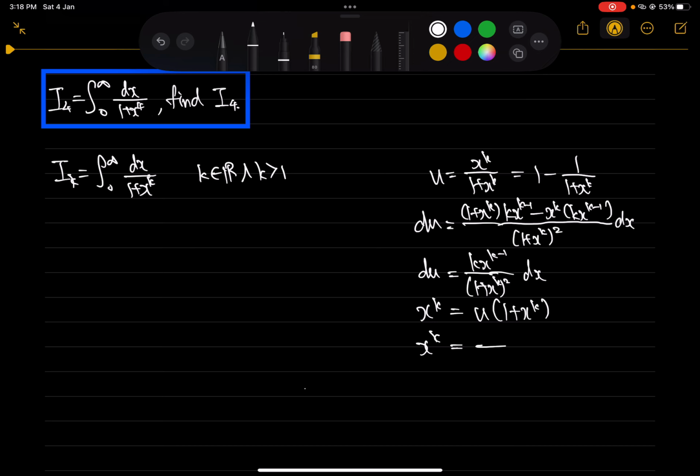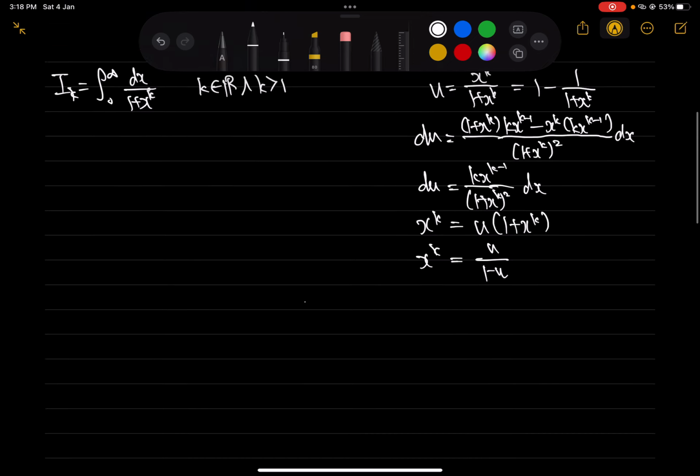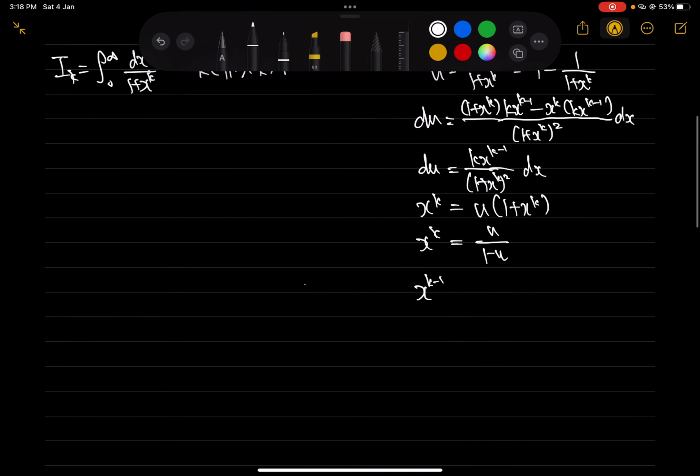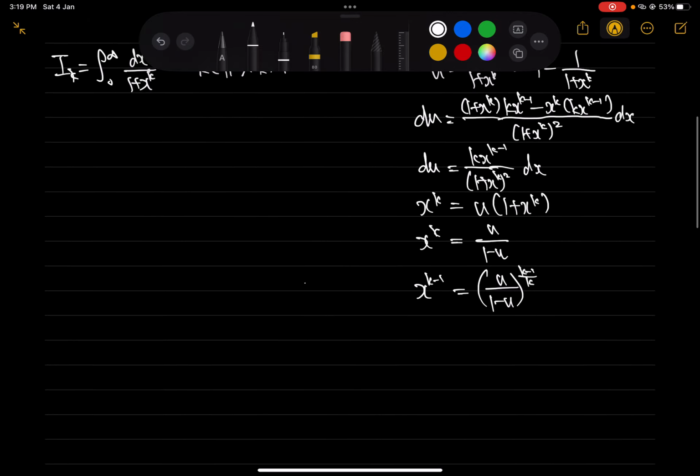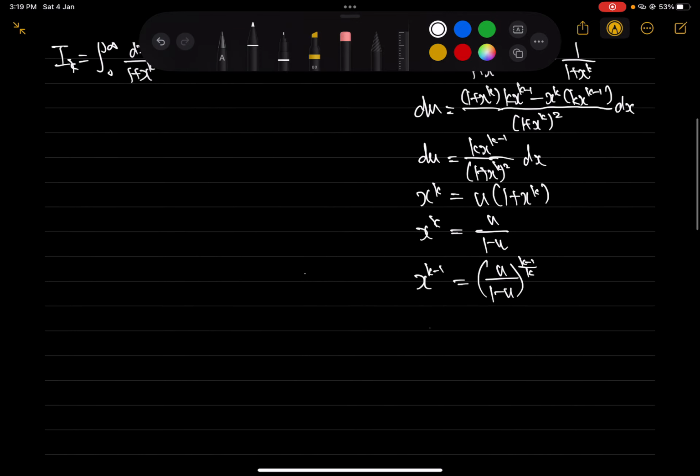So x^k is u over 1 minus u, and x^(k-1) is (u over 1 minus u) to the power of (k-1)/k. So now, obviously, we need to find dx.